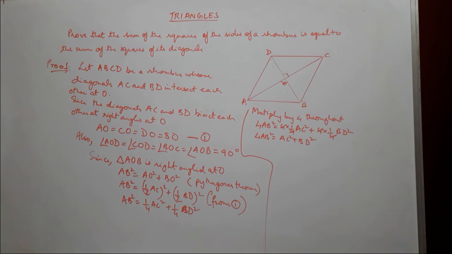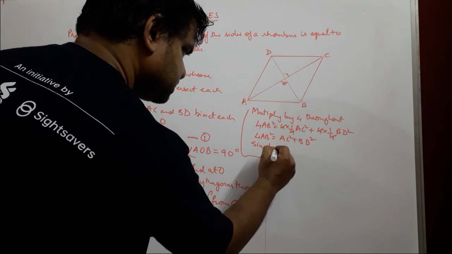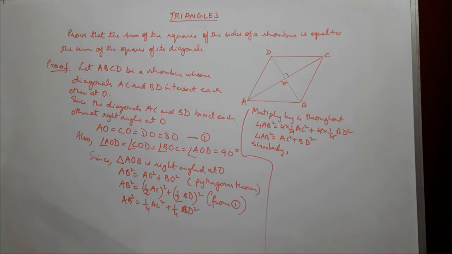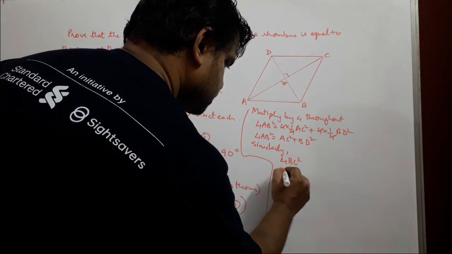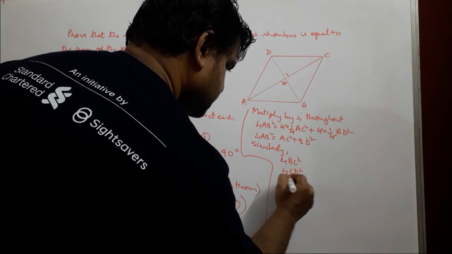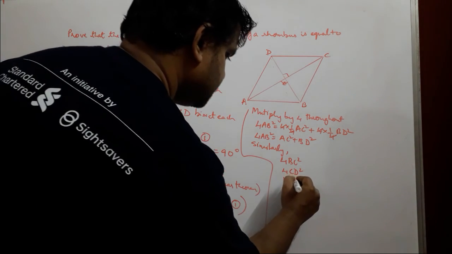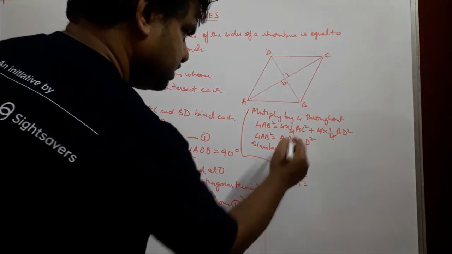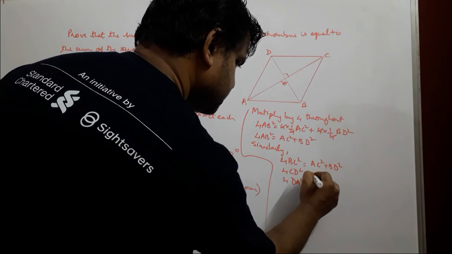And similarly we can see the same for the others as well. That is, when I say others, we can say for BC square, CD square, DA square. So 4 BC square or 4 CD square or 4 DA square, all of them will be equal to AC square plus BD square.